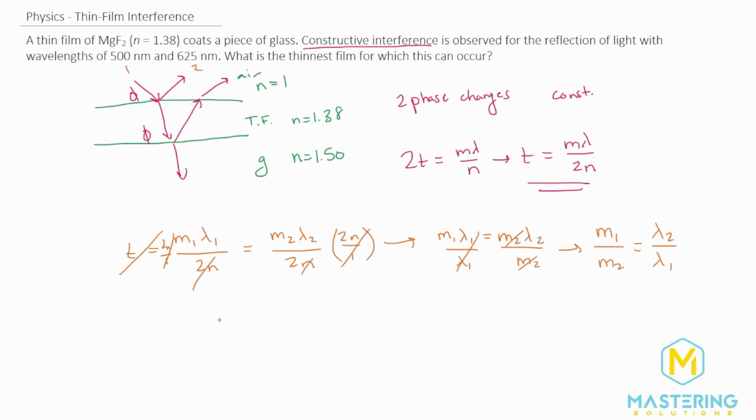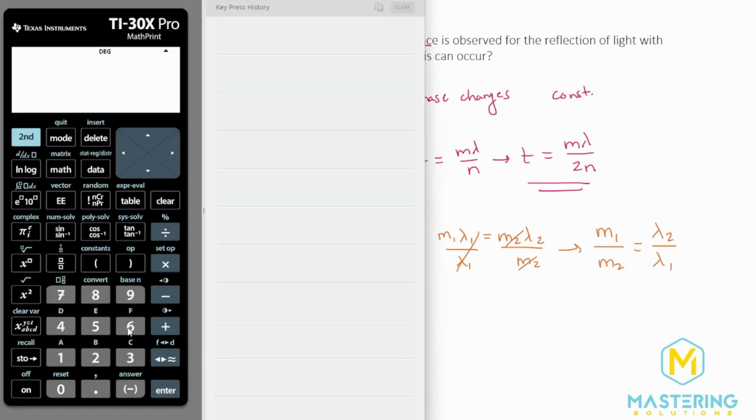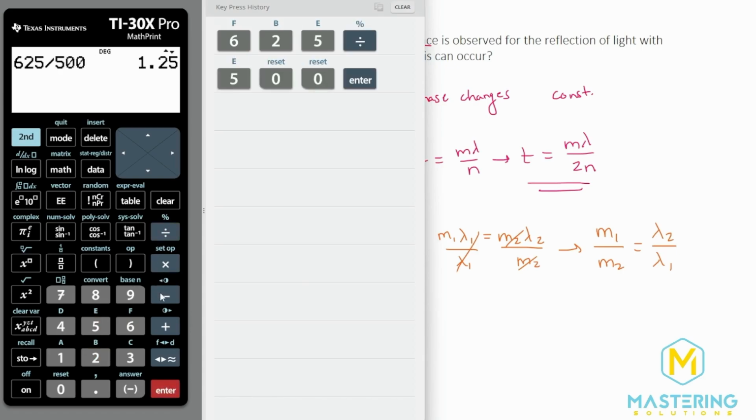So lambda 2 was 625 times 10 to the negative 9 meters divided by 500 times 10 to the negative 9 meters. Since we both have nanometers, we can simplify that down when we put it into our calculator. So 625 divided by 500 is 1.25. What the heck does that mean, right?